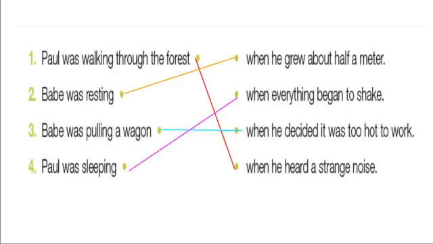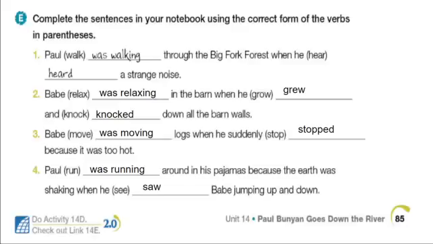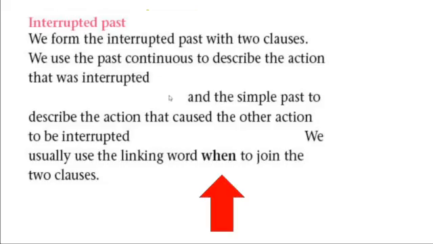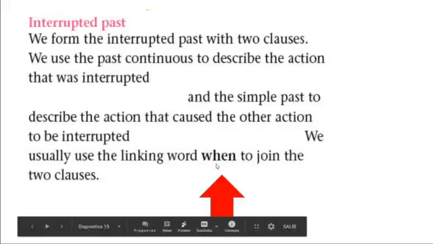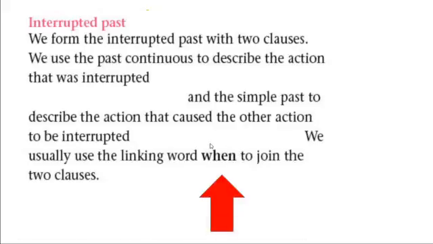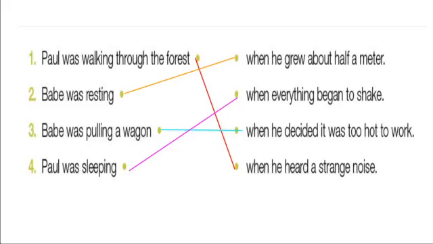And now, cuando pasa una interrupción, usualmente usamos when, the linking word, in the second part, donde nos muestra la acción o la causa por la que fue interrumpida, se escribe en past simple. We are going to check. When he heard a strange noise. Okay?